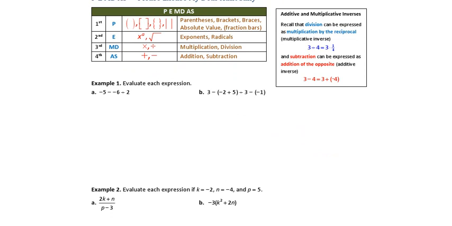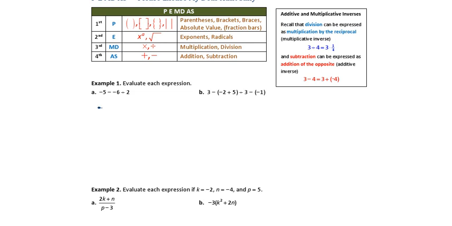So the first one, it says evaluate each expression, and we have a -5 minus a -6 divided by 2. So following order of operations, the first thing I would want to do is divide, because I don't have any grouping and there are no exponents.